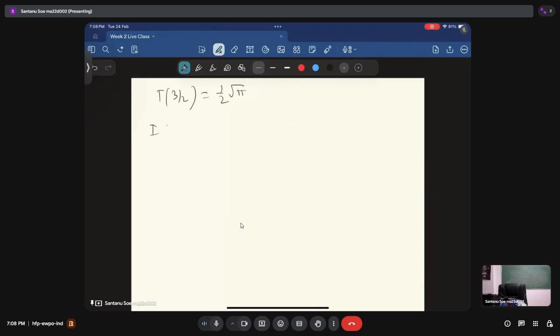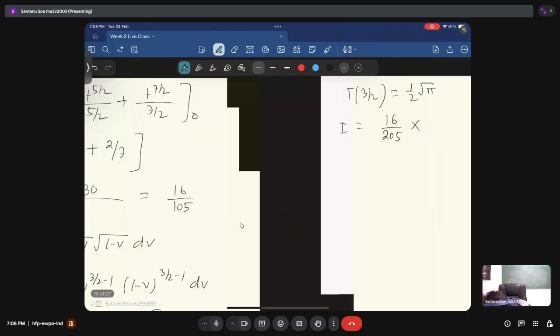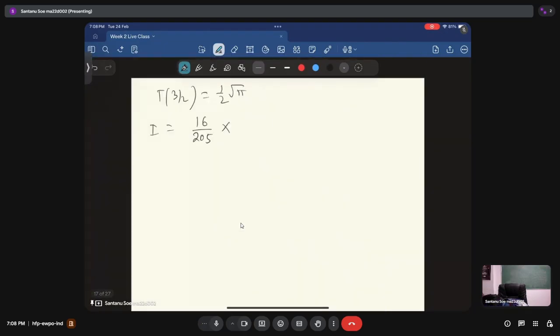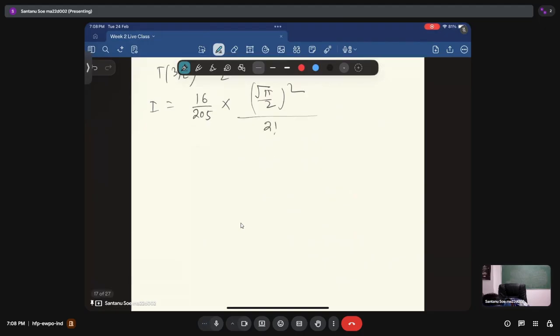So this integration is going to be 16 divided by 105 multiplied by root pi by 2 whole square divided by 2 factorial, correct? So this is 16 divided by 105 into pi divided by 4 into 1 by 2 factorial.